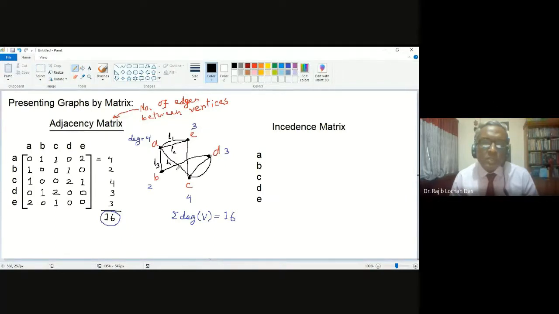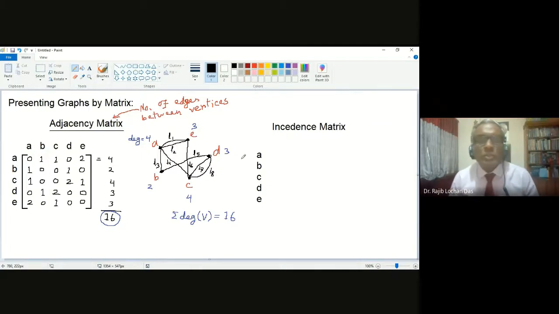Say this one is line five, and this one is line six, and this one is line seven, and the last one line eight. So you have 8 lines: one, two, three, four, 5, 6, 7, 8.